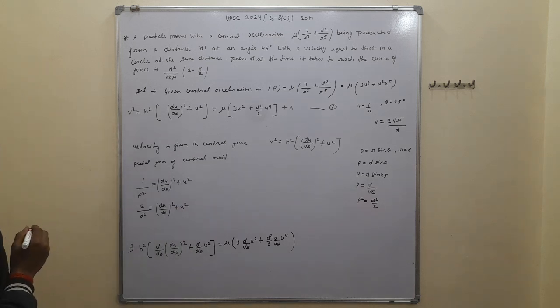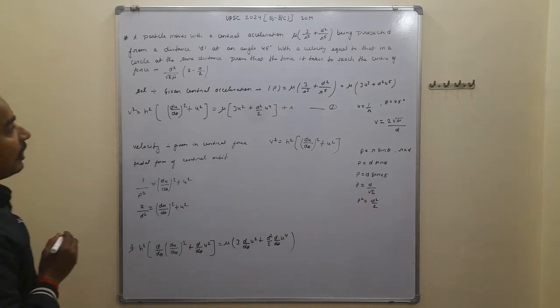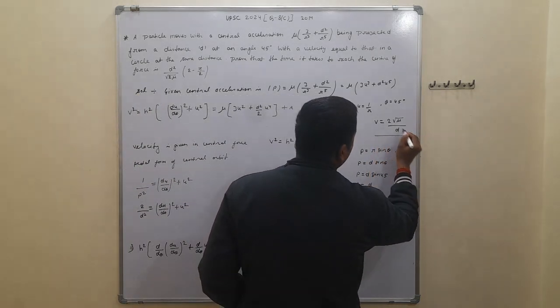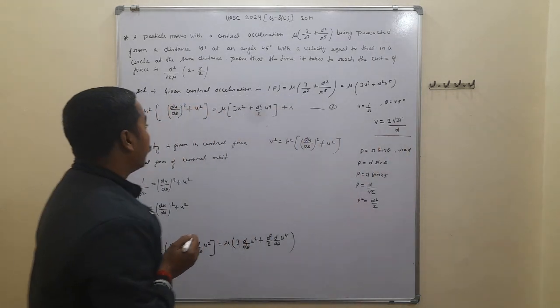Further we have to put the velocity, which is given here as 2 root mu upon d.